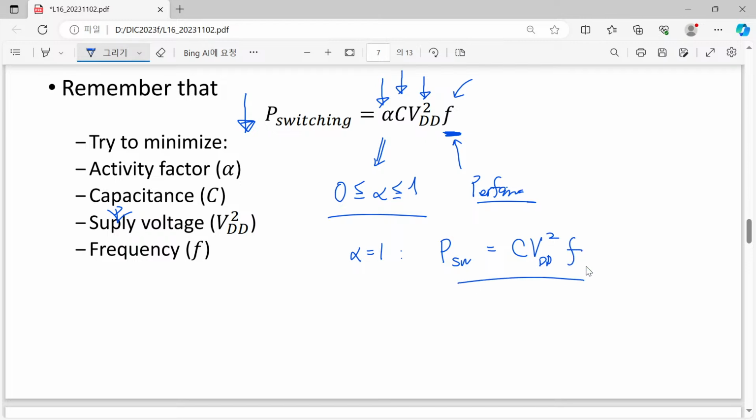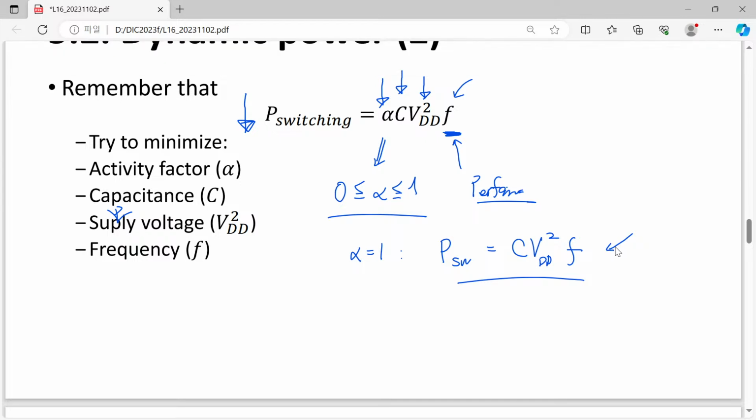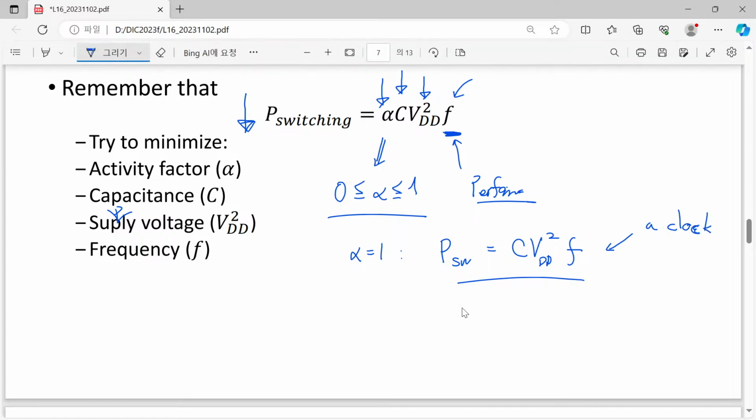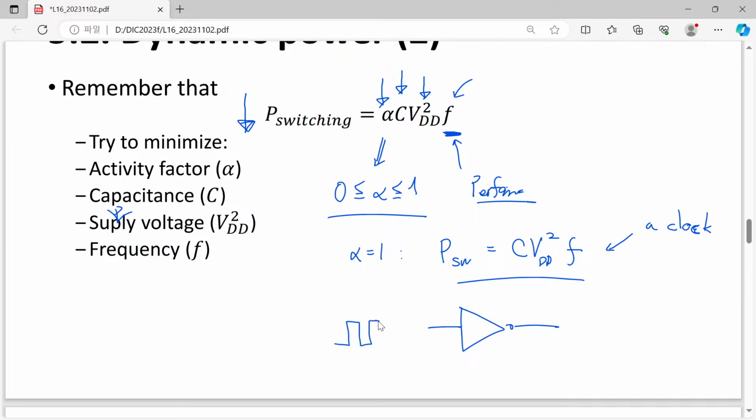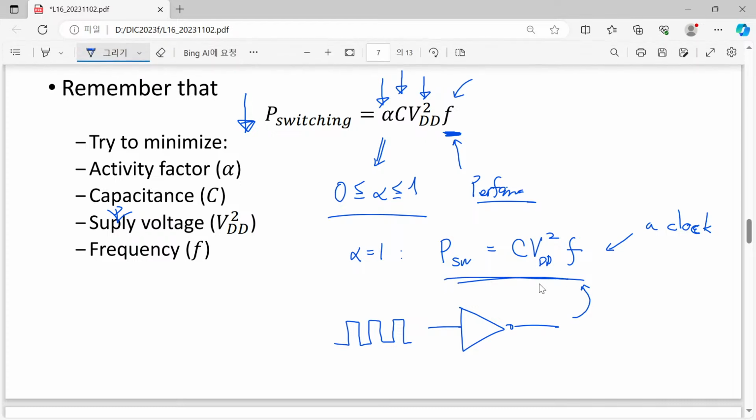What is it? This is the power consumption of a circuit switched by a clock signal. So when we have this inverter, and every clock it is turned on and turned off, then in this case the power consumption is given by this quantity.